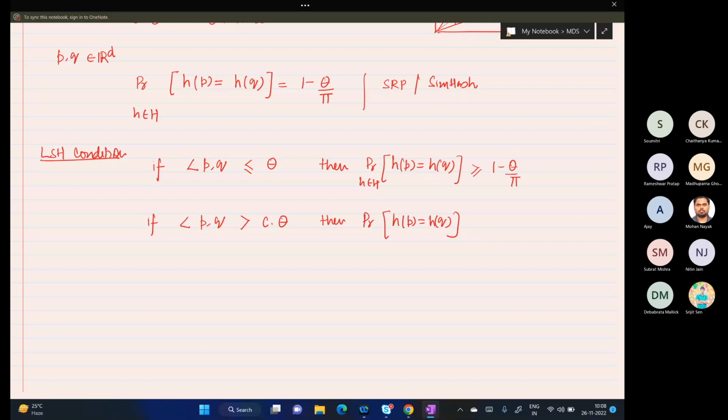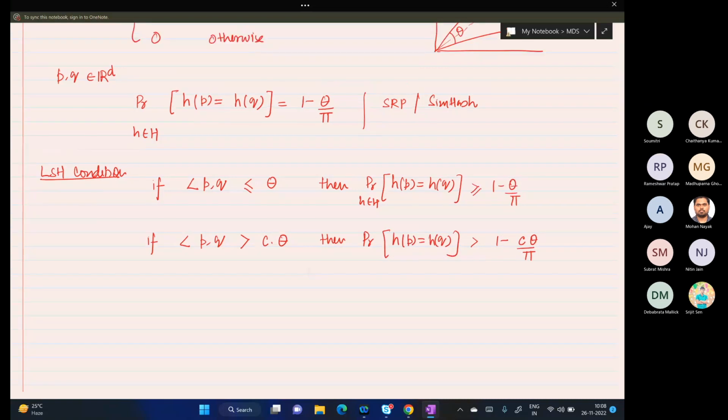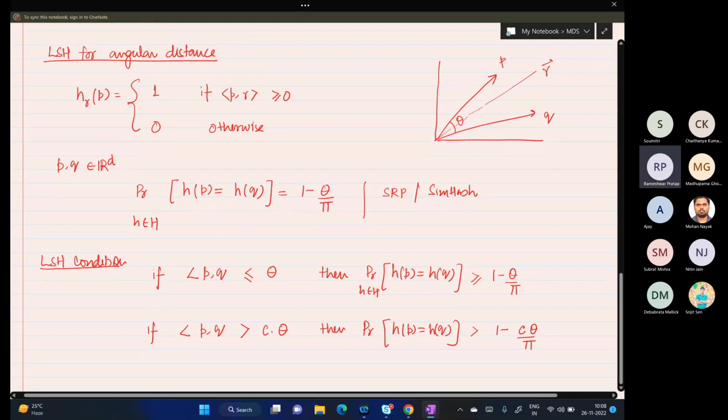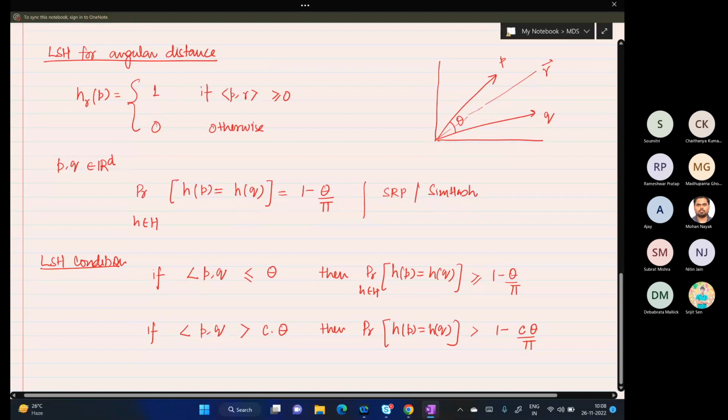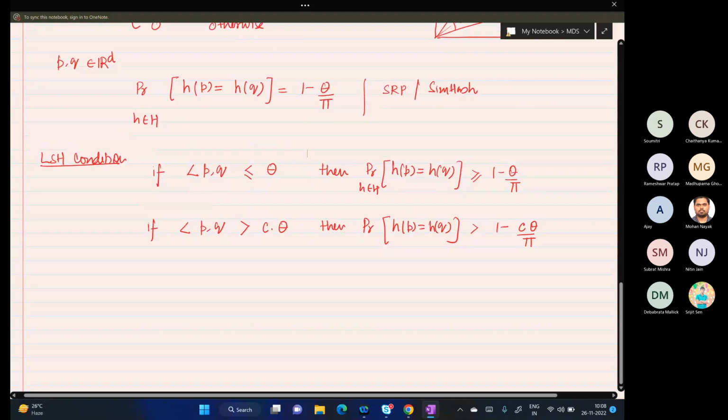And this is at least 1 minus C theta by pi. Right? So this is using the same argument by which we proved this. Okay, and now we can take this as P1 and this as P2.